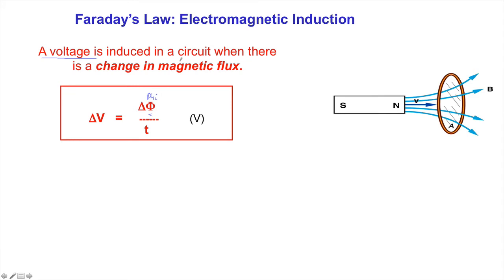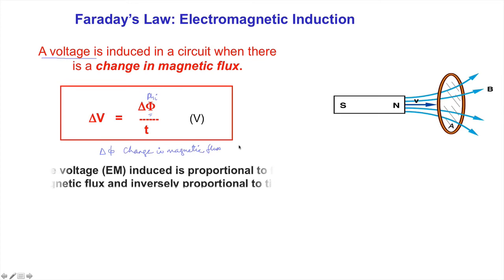The definition is: voltage is induced in a circuit when there is a change in magnetic flux. If you have a change in magnetic flux, you divide that by time, then that will be your voltage. So delta phi is the changing magnetic flux.